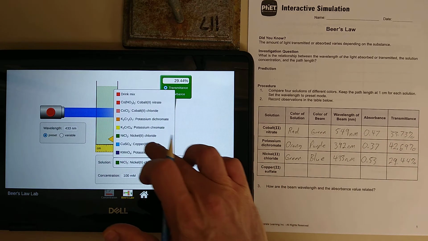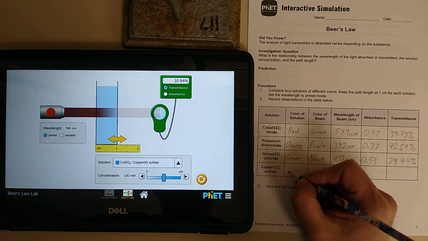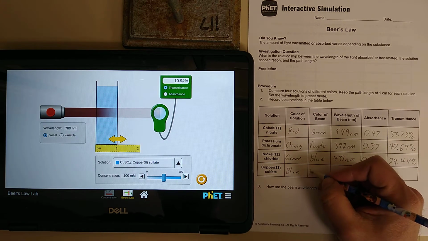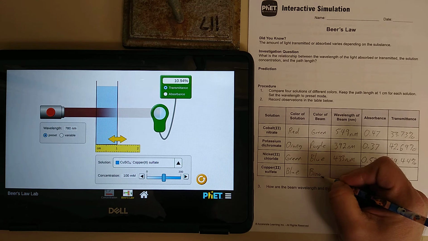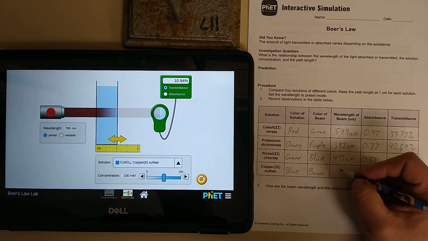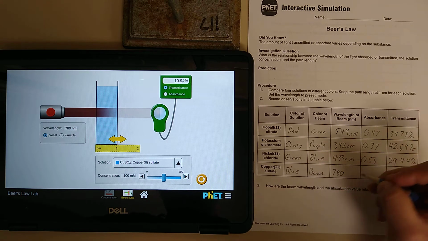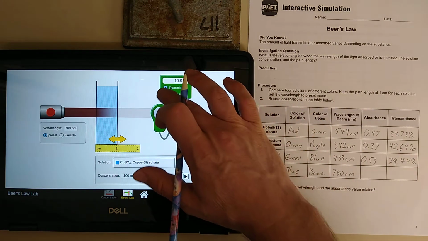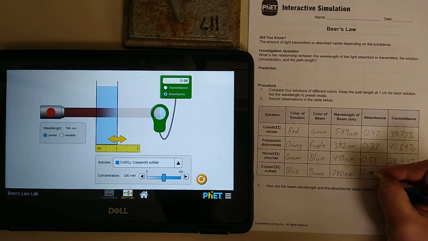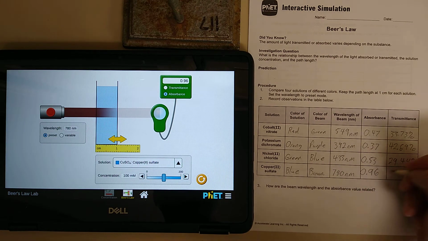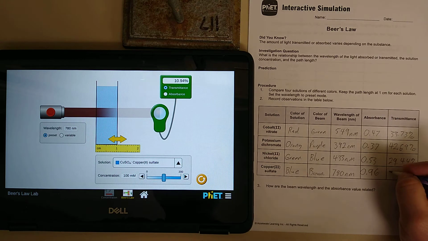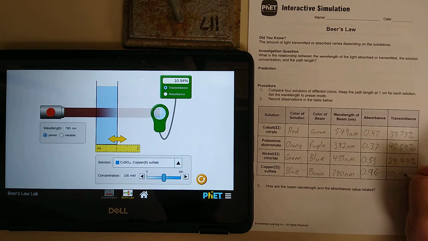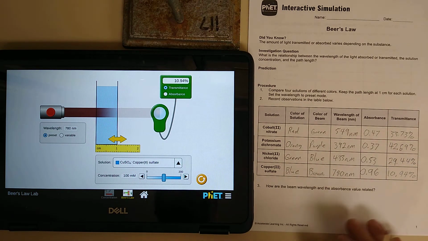Last one, copper 2 sulfate. Color of the solution is blue. Color of the beam looks kind of brown. The wavelength is 780 nanometers. Absorbance is 0.96, and transmittance is 10.94%.